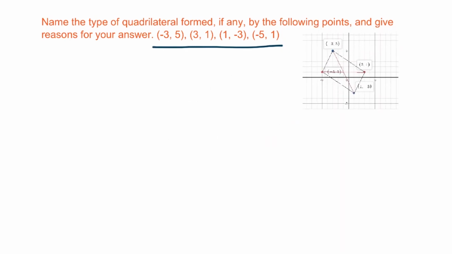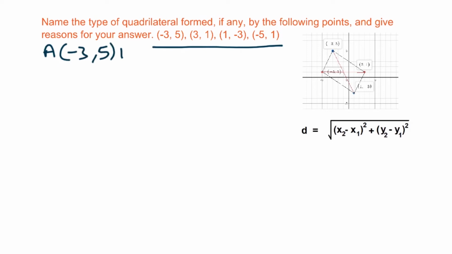We can find the lengths using the distance between 2 points. So let us say the points A minus 3 comma 5 and B 3 comma 1, C as 1 comma minus 3 and D as minus 1 comma 1.